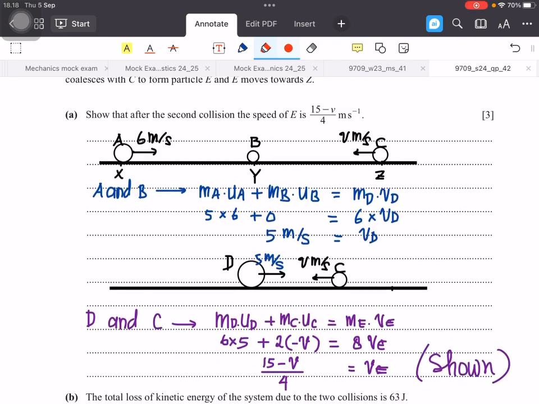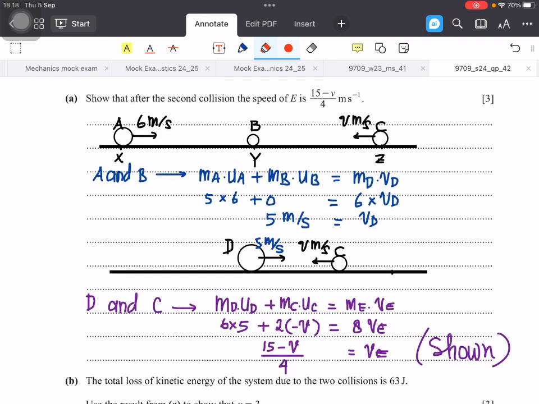Now the second collision is between particle D, which moves with speed 5 meters per second to the right, and particle C, which moves with speed V meters per second to the left.